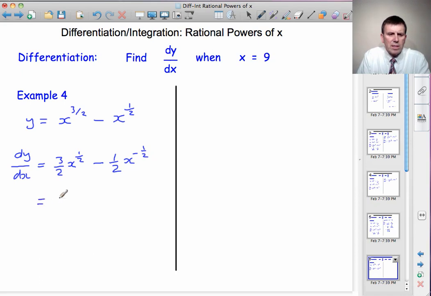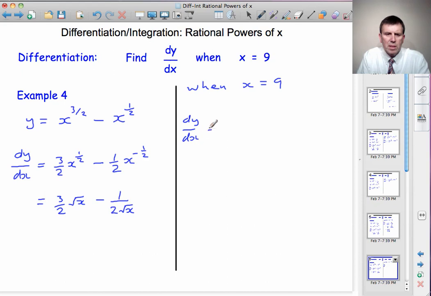And we can rewrite that as 3 over 2 root x minus 1 over 2 root x. Again, x to the minus a half is 1 over root x. And that's an easier version to substitute into, so when x equals 9, dy by dx is equal to 3 over 2 times the square root of 9 minus 1 over 2 times the square root of 9.